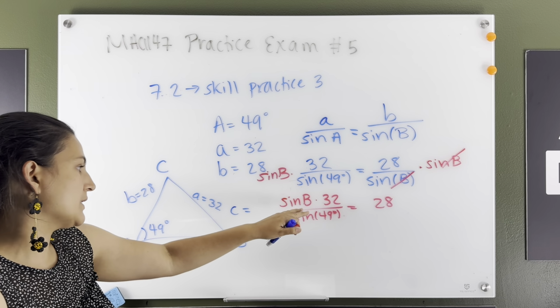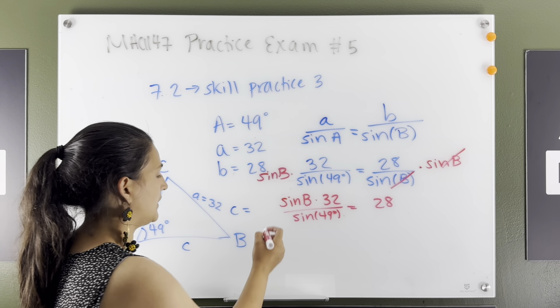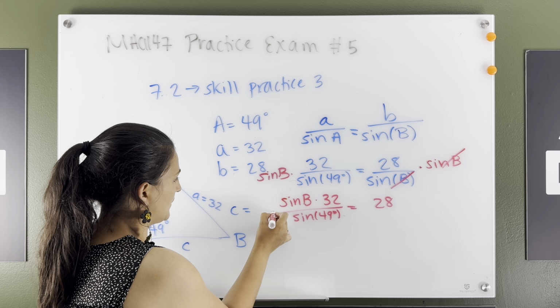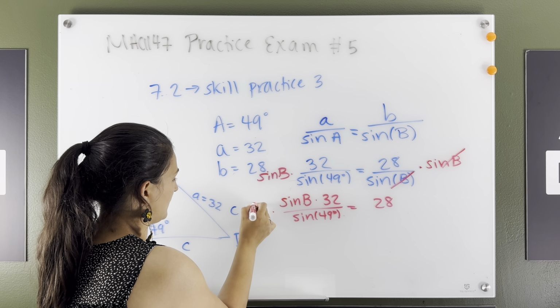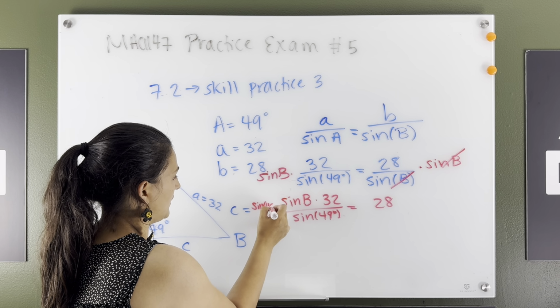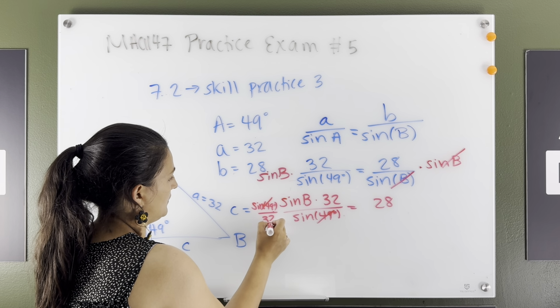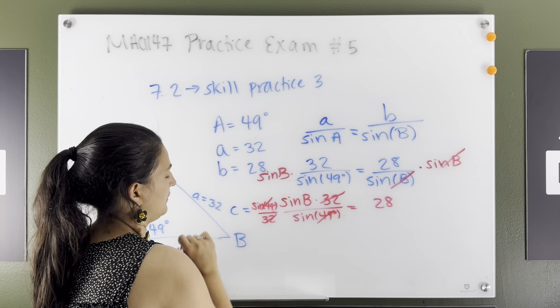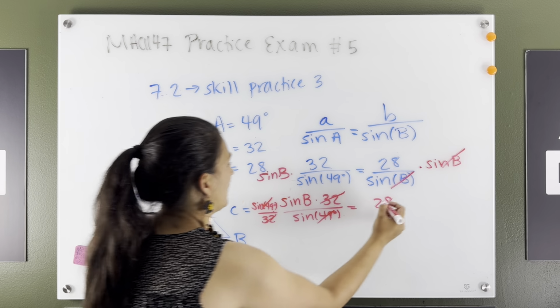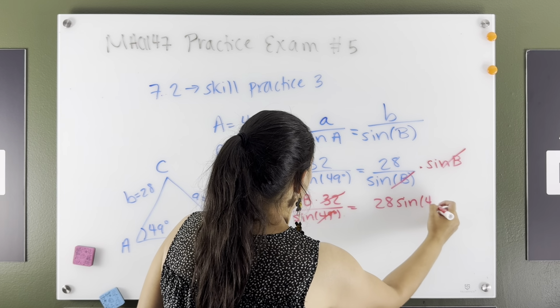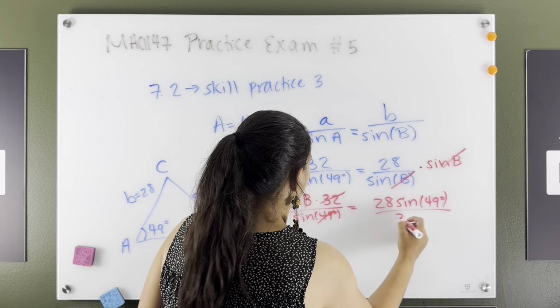But I want to get this sine B alone, so I'm going to multiply by the reciprocal so that I can cancel. I'll multiply by sine of 49 degrees and cancel these, and then divide by 32 so I can cancel the numerator and denominator. So now I just have sine of B, but whatever you do to one side, you do to the other. You can pause it and check the algebra, make sure it makes sense.